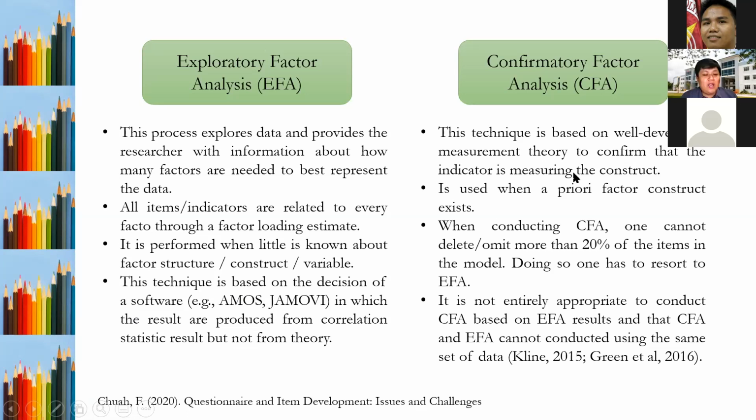Let's assume you want to measure job satisfaction. And let's say there are different literature that measure job satisfaction. Let's say LACAP 2015. This is just an example. LACAP 2015 developed a measure which is job satisfaction.